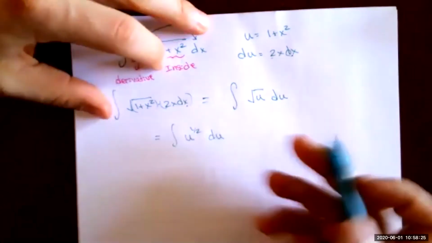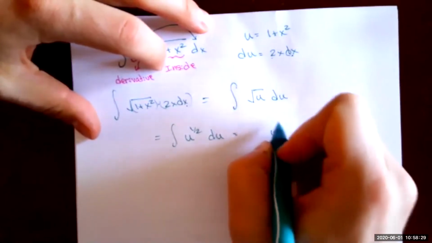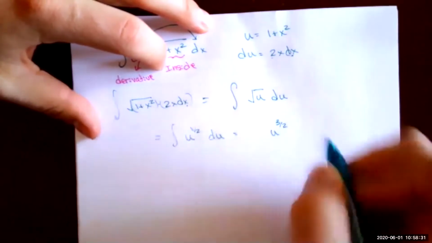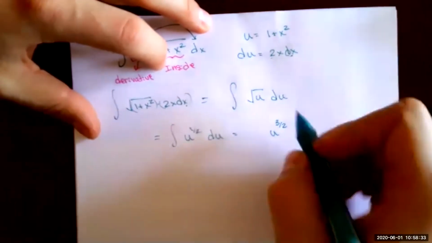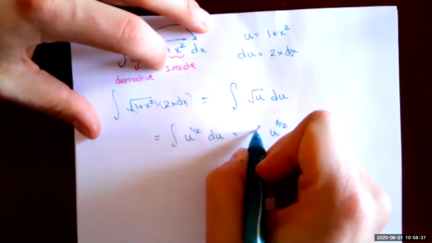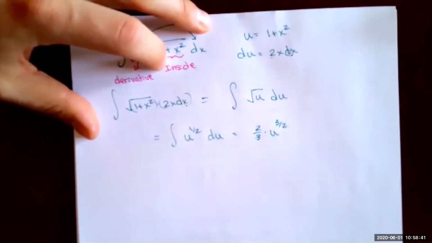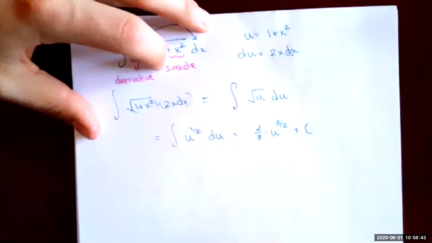And our square root is just u to the 1/2. So when I antiderive, we are going to add 1. So 1/2 plus 1 will give me u to the 3/2. We want to divide by 3/2, which is the same as multiplying by 2/3 out front. And then plus our constant.